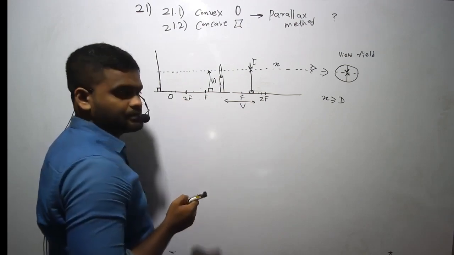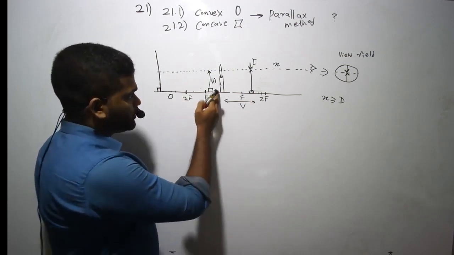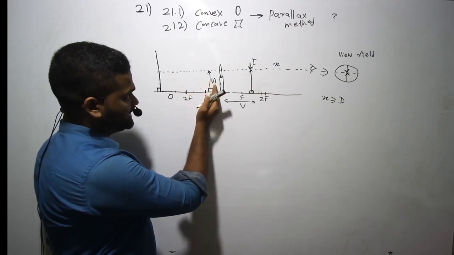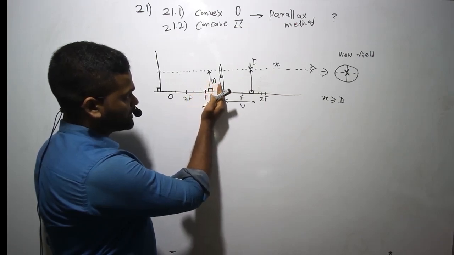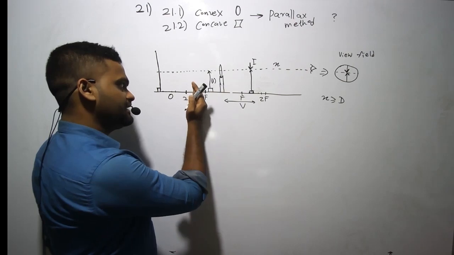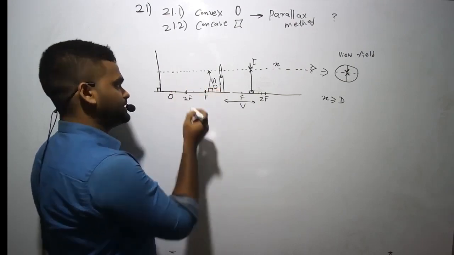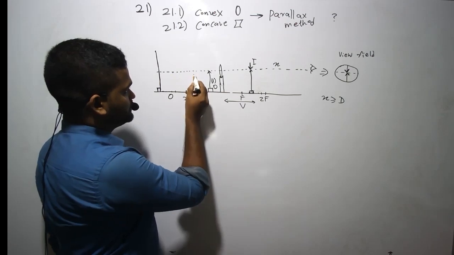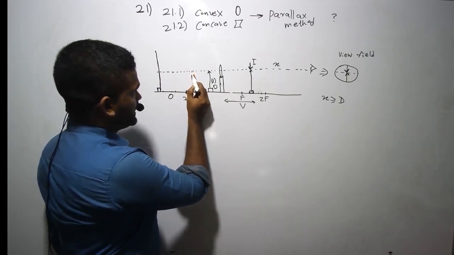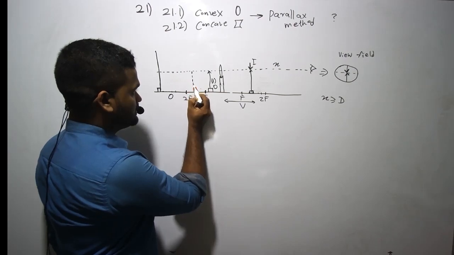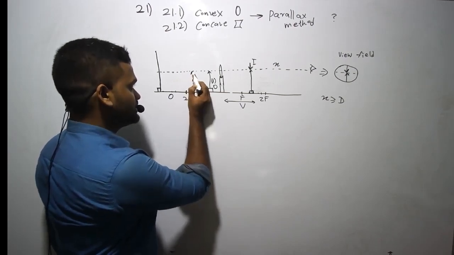So what's going to change? The problem here is that the image is formed behind the object, right? You know that it should be a larger, non-inverted image. It is not inverted.